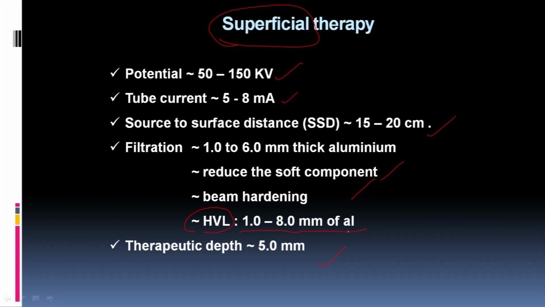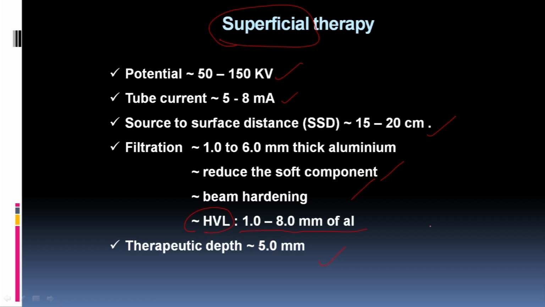This is used for treatment of superficial lesions such as some skin lesions, some basal cell carcinoma and any nodes situated up to 5 millimeter depth from the skin surface. And because of the sharp dose fall-off of superficial therapy, we can treat the superficial lesion without giving a much higher dose to the underlying normal tissues, which is the utmost requirement of radiation oncology.